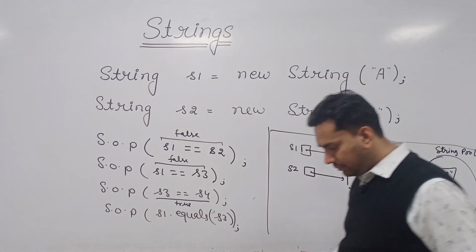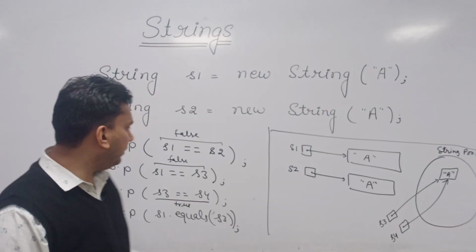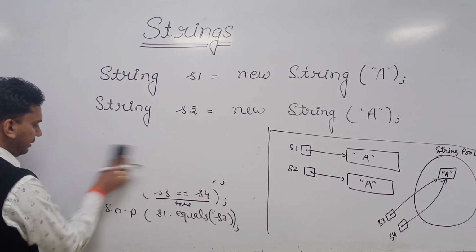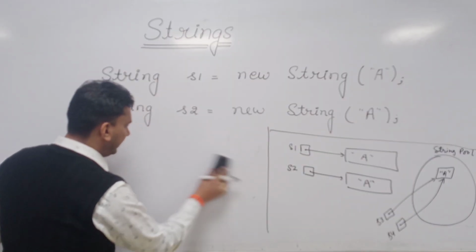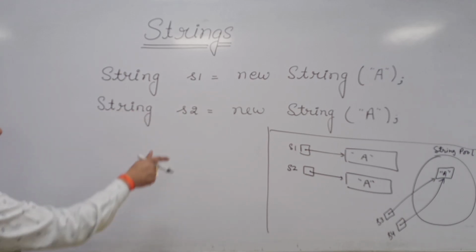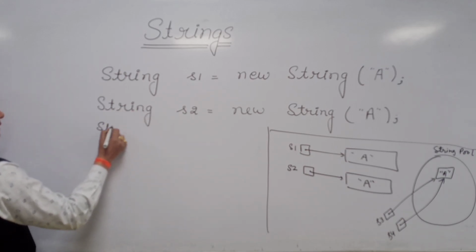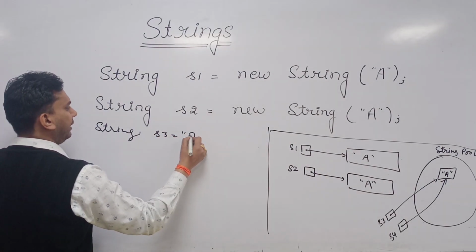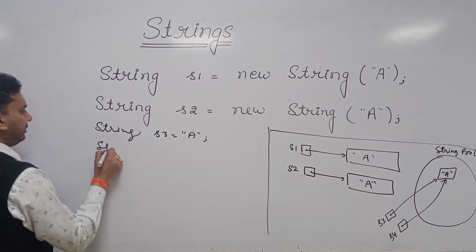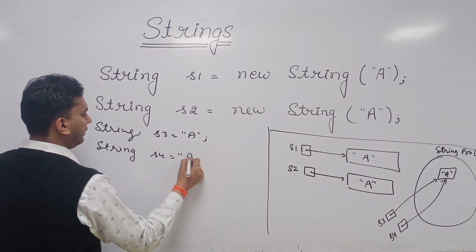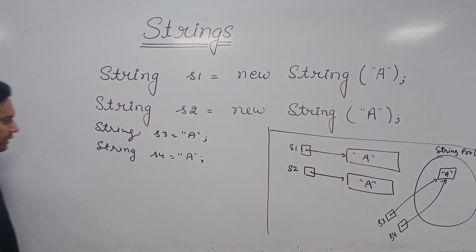Now here you can have one more question. This kind of question is many times asked in placements as well as in the Oracle certification exam. In the same code, if I write it again here, String S3 = "A" and String S4 = "A". This was something we had implemented here.